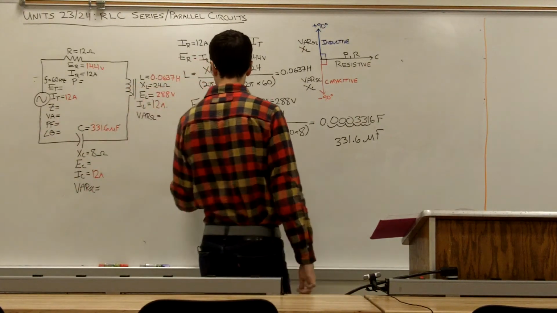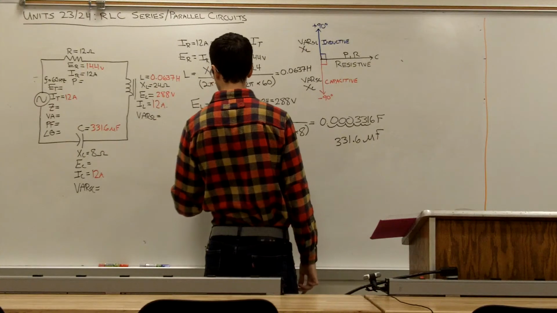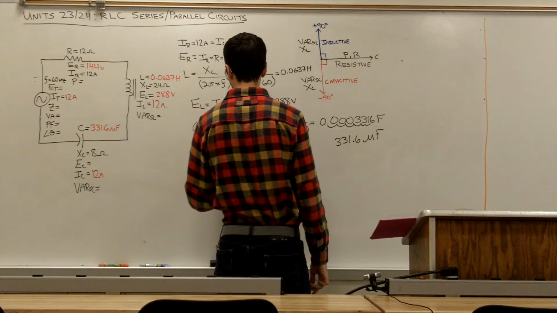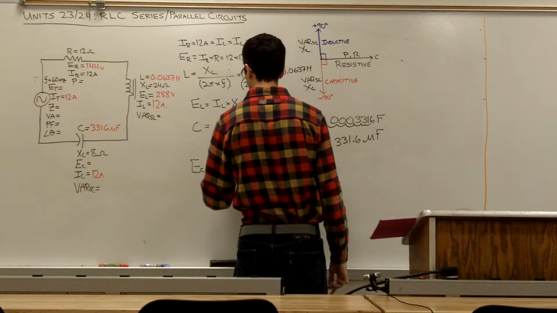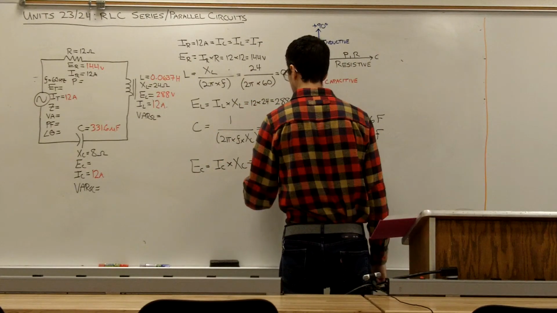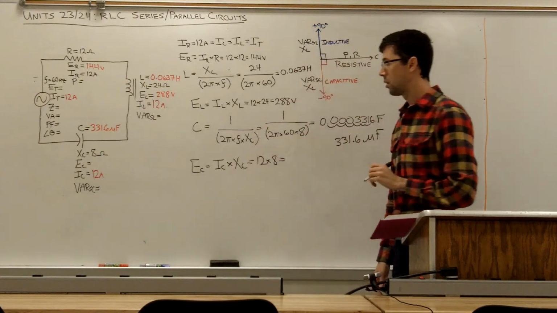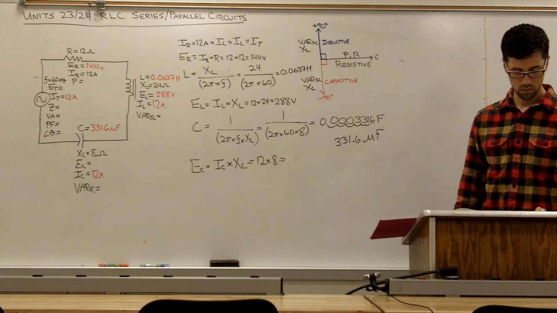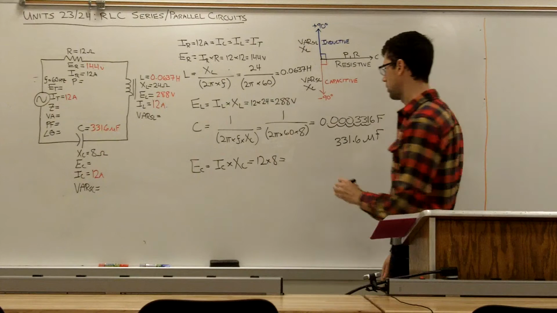Next, the voltage drop across the capacitor, E sub C. Current through the capacitor times the capacitive reactance. So 12 amps times 8 ohms gives me 96 volts.